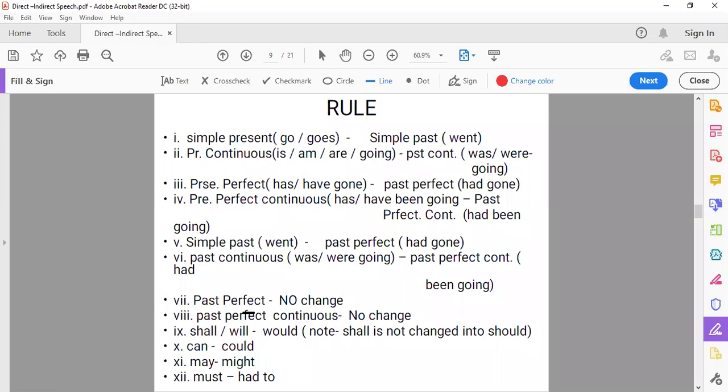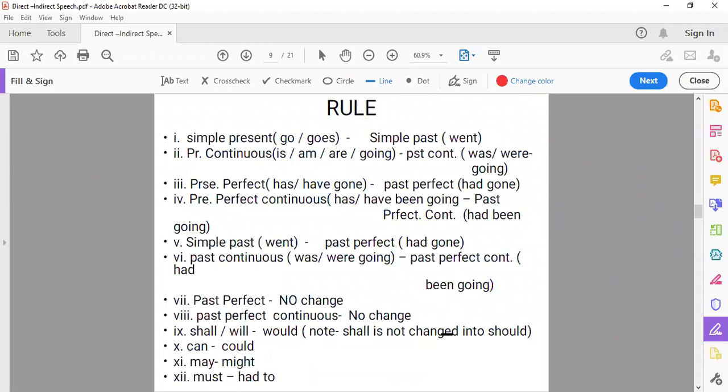So what is common in all? We have will or shall in all. That will change into would. No other change of the main verb or any other helping verb is to be done. Only one word is to be changed in the future form, that is will or shall will change into would.